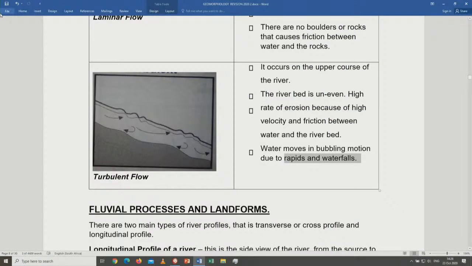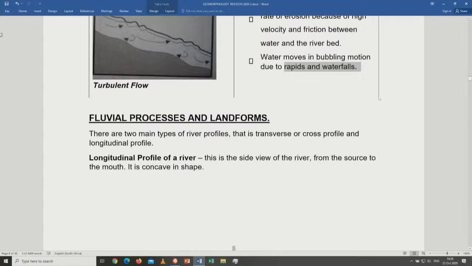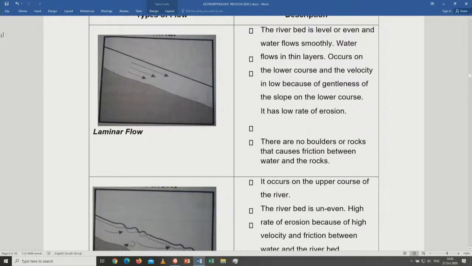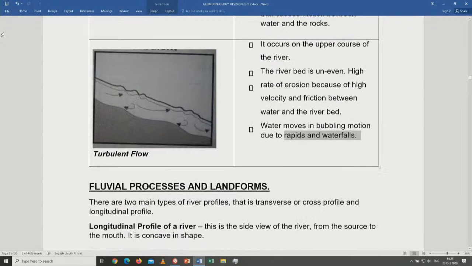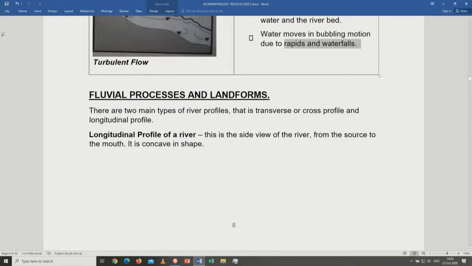And now, after the flow characteristics of a river, which is laminar flow and also turbulent flow, we'll move to the longitudinal profile of a river, fluvial processes and landforms. Now, we'll look at that. We're having two profiles here.